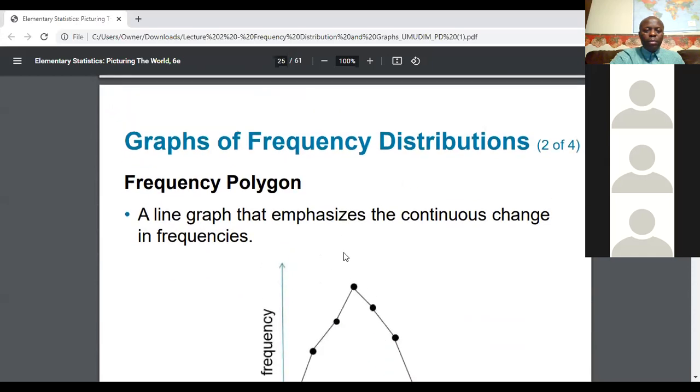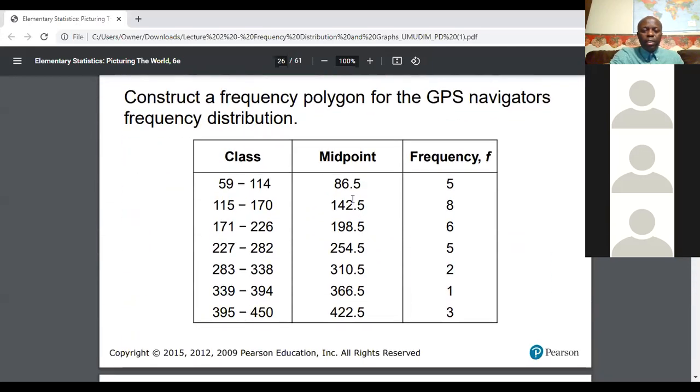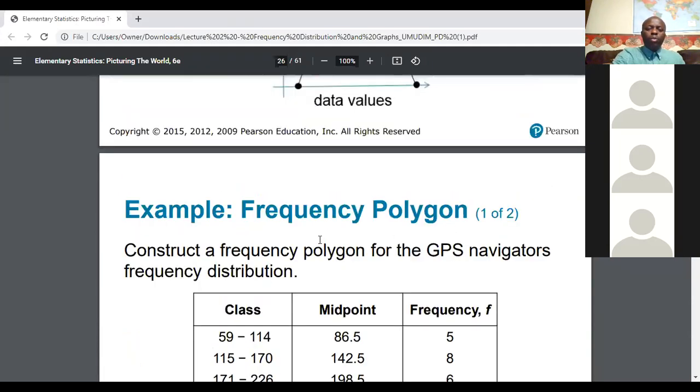Okay, well, we didn't do the frequency polygon. Before we do the bar chart, let's look at the frequency polygon. In a frequency polygon, you plot the midpoint against the frequencies. In this case, we have the midpoint already here. So you plot this midpoint against the frequency. The same way we interpret a histogram, the same way we interpret a frequency polygon.